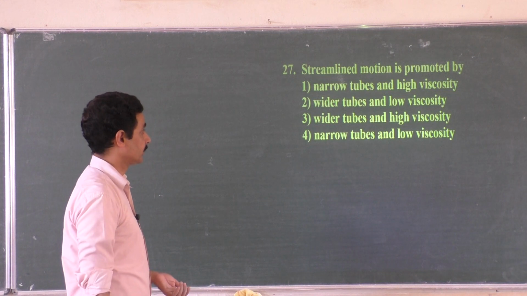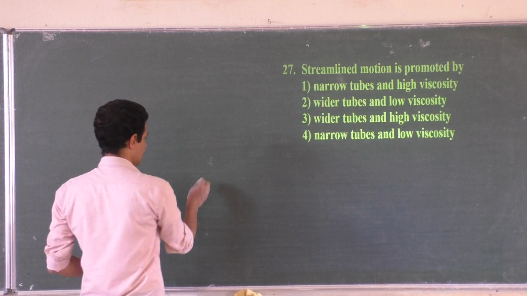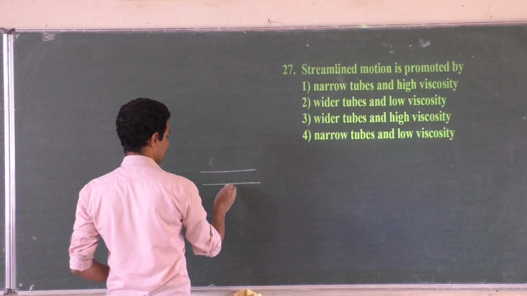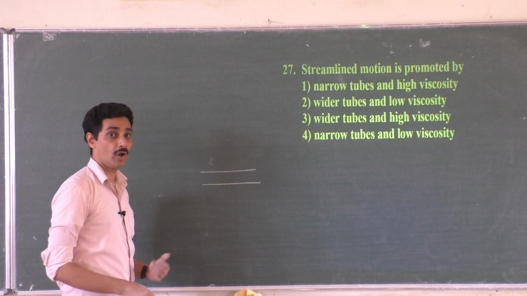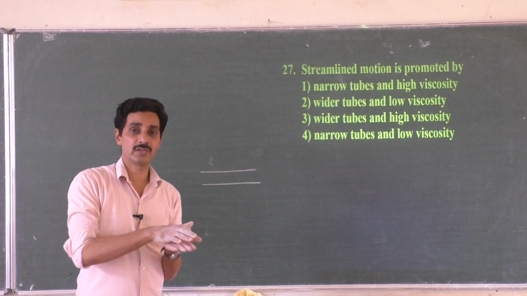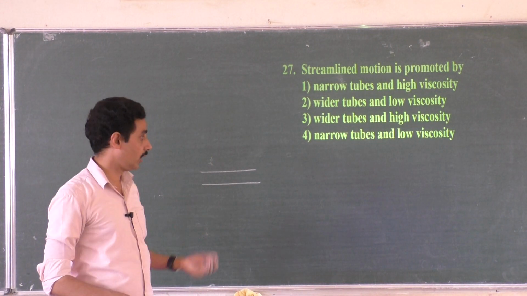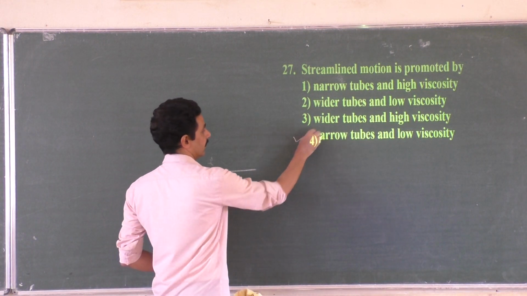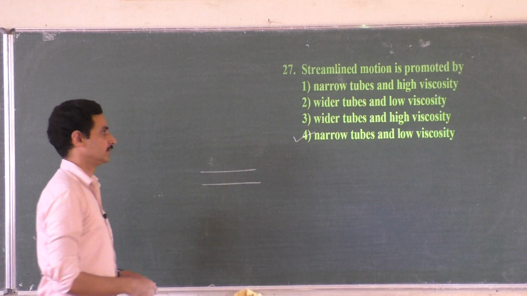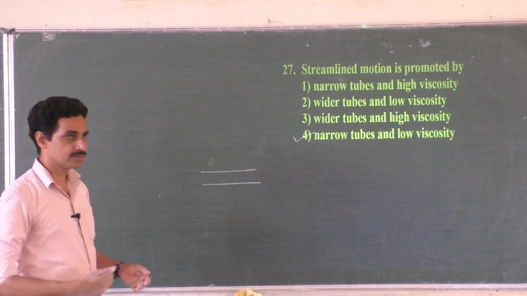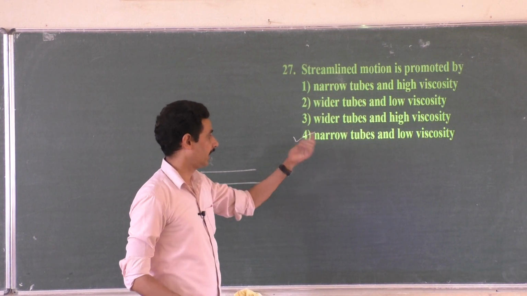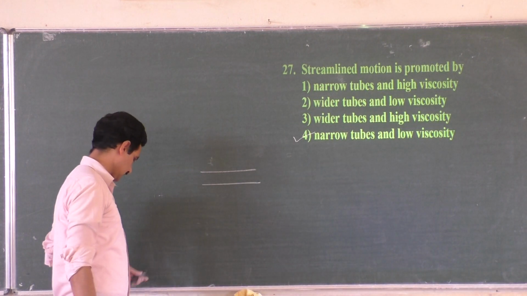Streamlined motion is promoted when we have very narrow tubes and that liquid should be non-viscous. There should not be high viscosity between the different layers. It should be a non-viscous liquid and it should be a narrow tube, right? Then only you can find streamlined flow. And the velocity should be within the terminal velocity. It should not be very high. That is not mentioned here. Narrow tubes with low viscosity.